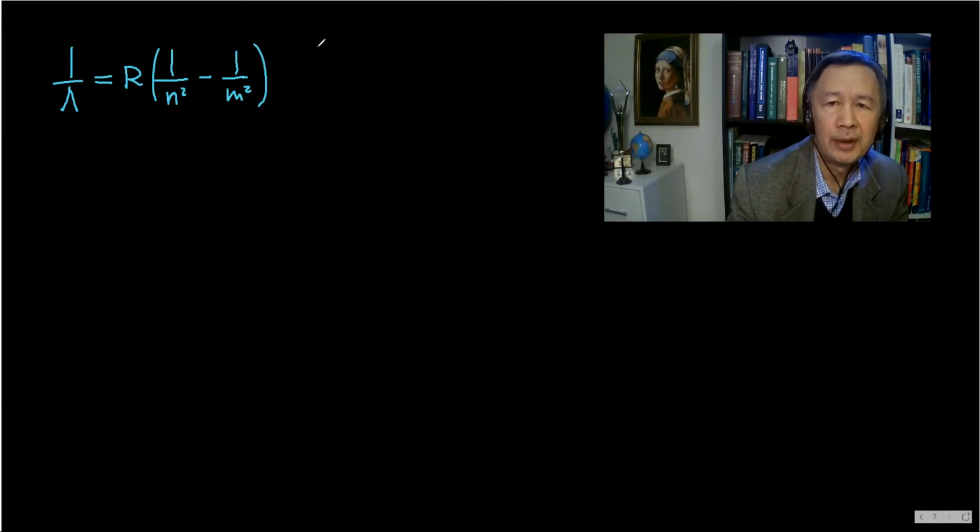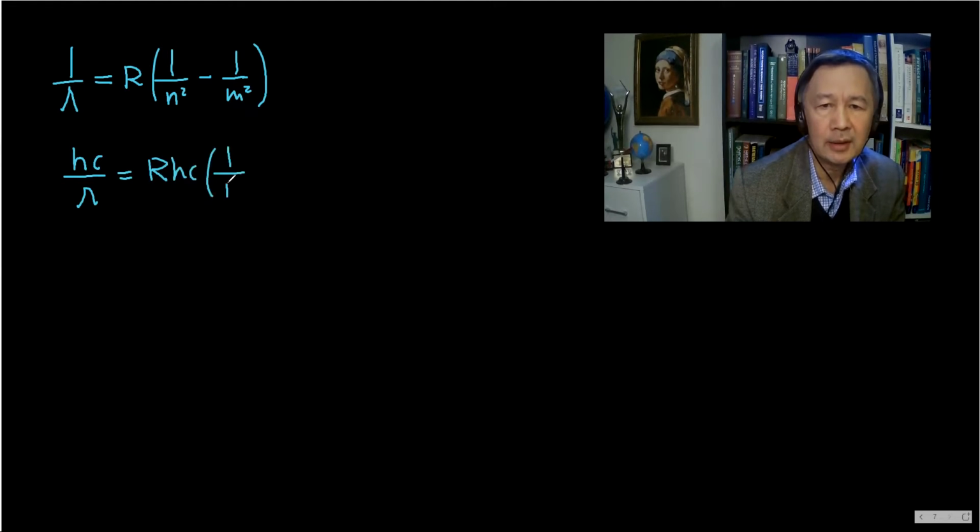And from here, when we apply Planck's formula for the photon, we got hc divided by lambda equal to Rhc times that difference.